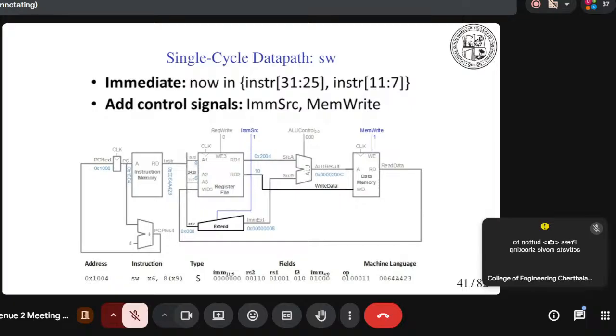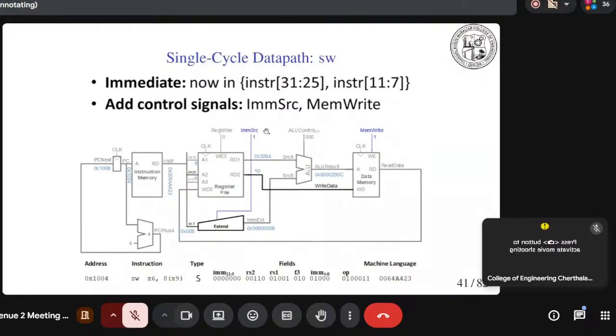Okay, so you can see the differences here. The first difference is that there is a control signal coming to the sign extender.